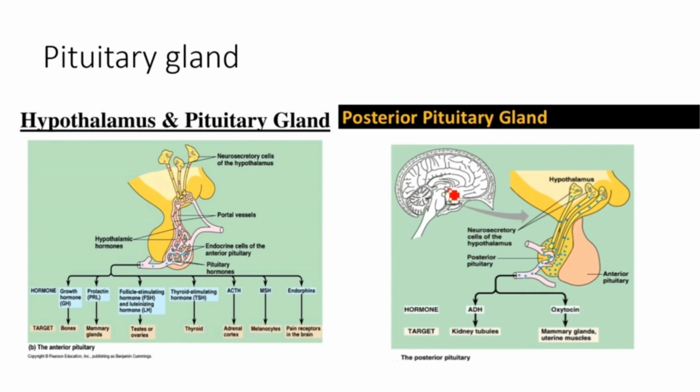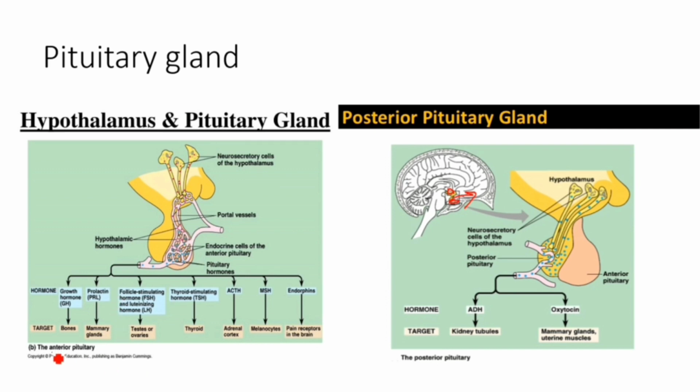This is the hypothalamus and this is the pituitary gland. This narrow pathway is the infundibulum, and the pituitary gland lies in front of the pons. It has 2 lobes, the anterior and the posterior pituitary.